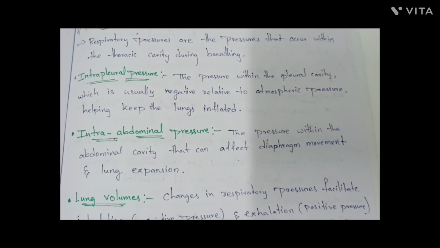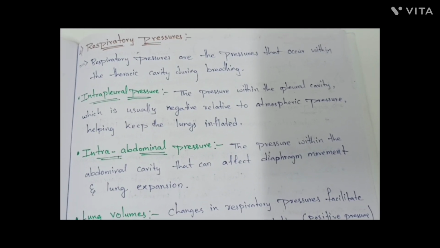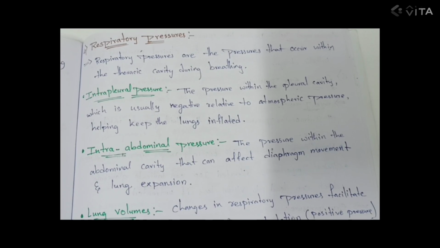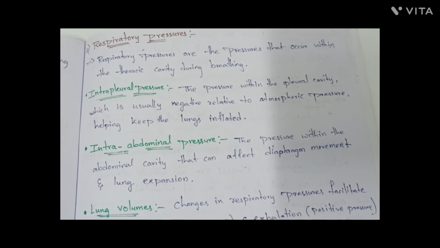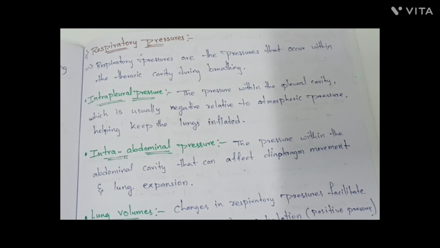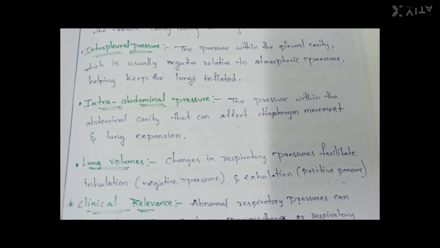Respiratory pressures. Respiratory pressures are the pressures that occur within the thoracic cavity during breathing. Intrapleural pressure, the pressure within the pleural cavity, is usually negative relative to atmospheric pressure, helping keep the lungs inflated.